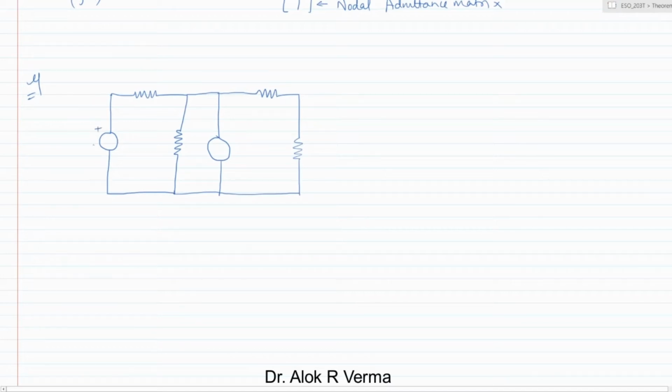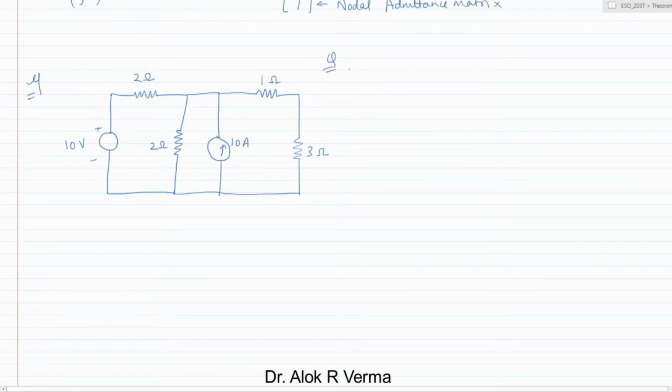The voltage source, suppose 10 volt, resistance is 2 ohm, this also is 2 ohm, the current is going upward as 10 ampere, and this value suppose 1 ohm and 3 ohm.